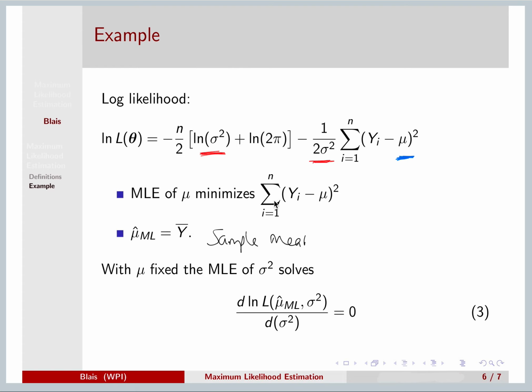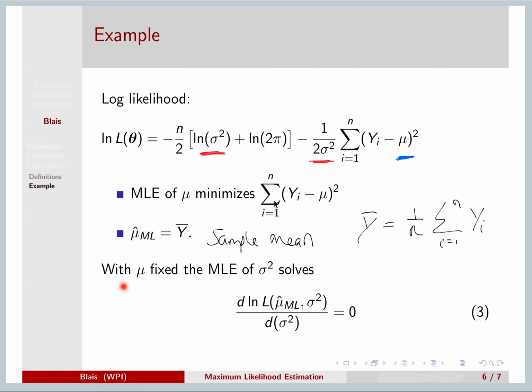So the sample mean, remember y bar, is nothing more than the average of the yi's. Now, this we can consider a done deal. This is the maximum likelihood estimate for mu.